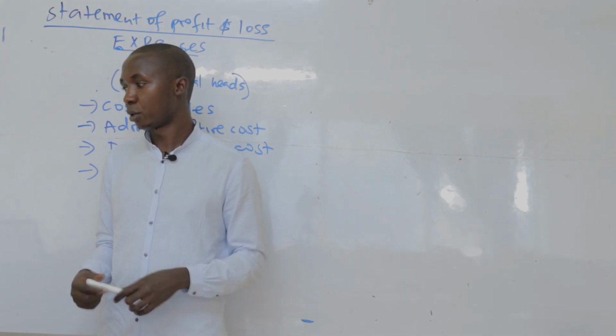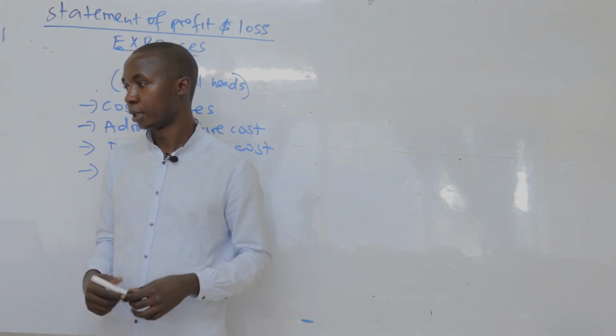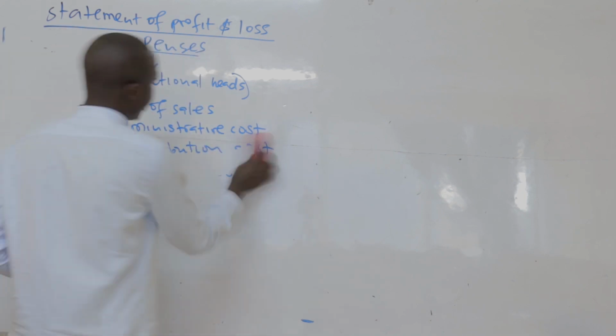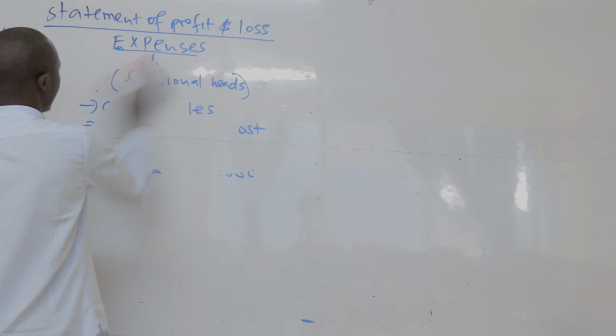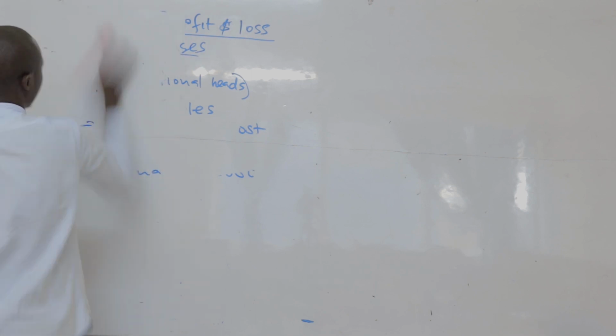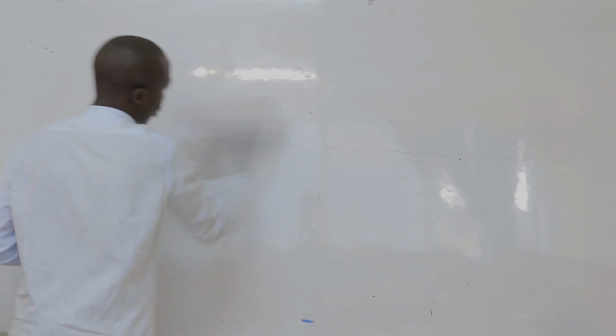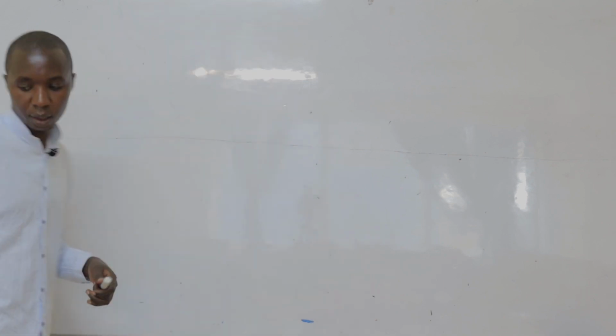So in short, there was a valuation of land and buildings. What we need to check is whether there was a revaluation gain or a revaluation loss. That is my first working.